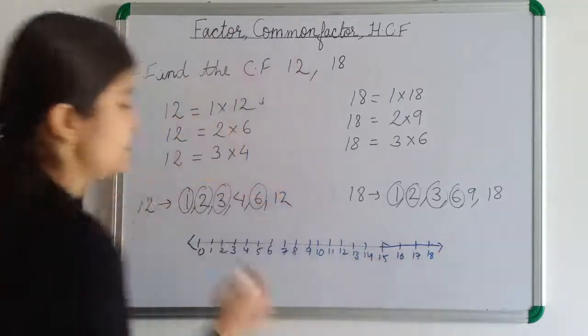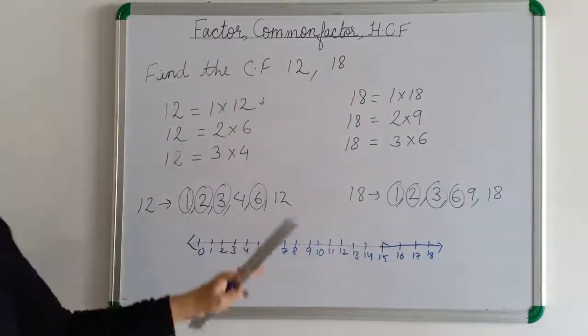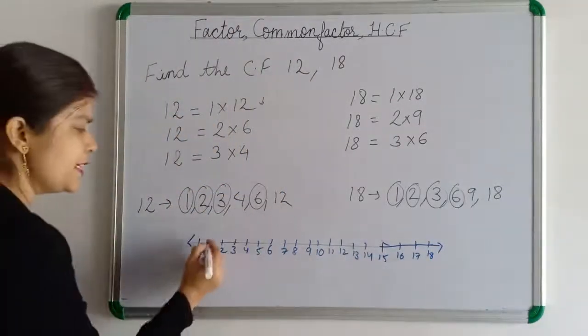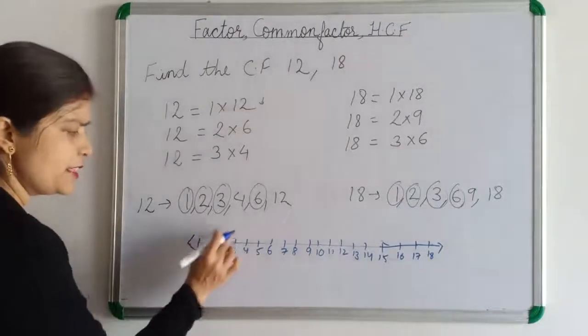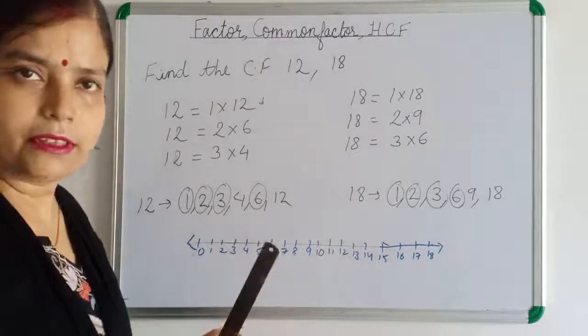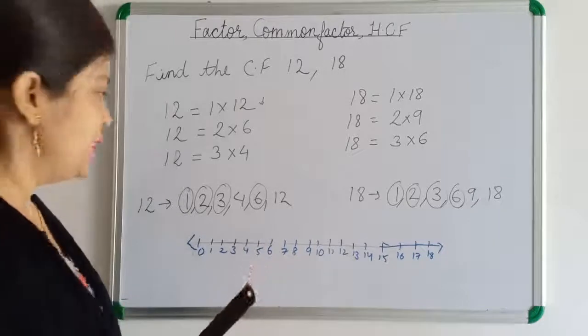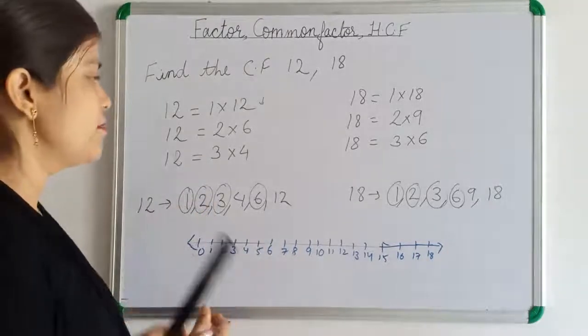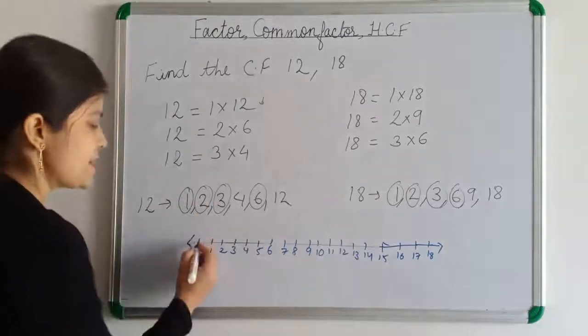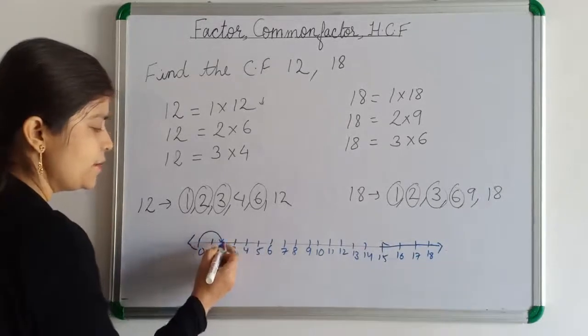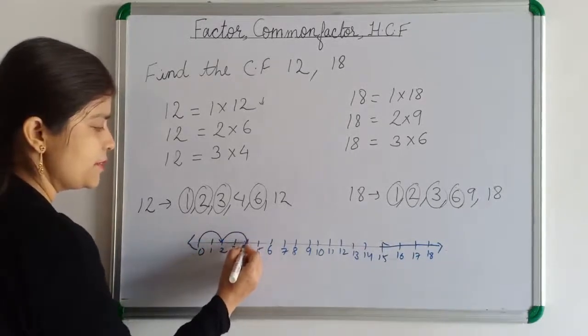Okay, this is a number line. 1 is the factor of both the numbers, meaning we will jump with one step, and we will get both the numbers. It is true only. It is the common factor. Now 2 is also a common factor. Meaning when we jump by 2, we will get both the numbers. You can see here, we are jumping by 2.